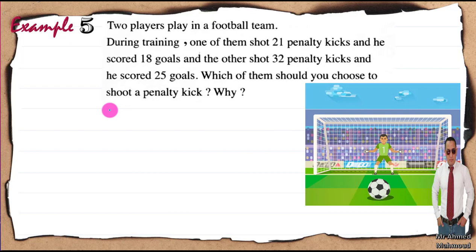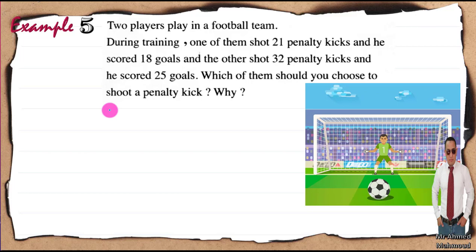Two players play football in a football team during training. One of them shot 21 penalty kicks and scored 18 goals, and the other shot 32 penalty kicks and scored 25 goals. Which of them should you choose to shoot a penalty kick and why?